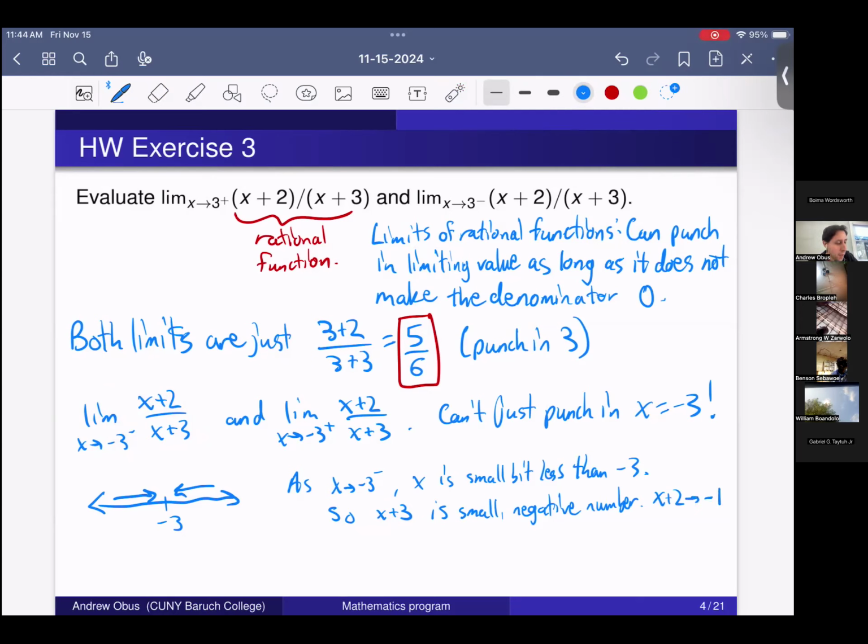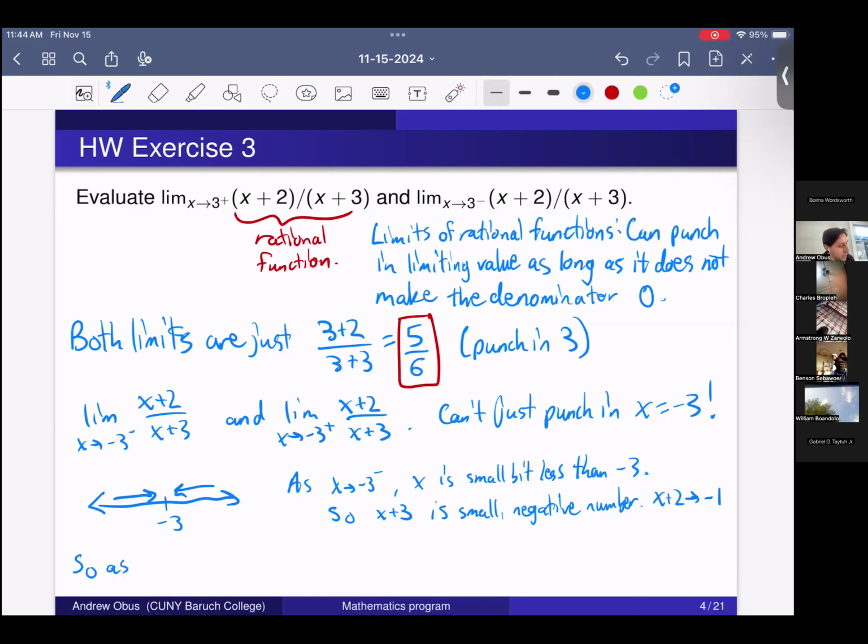Because x going to -3 just means that x plus 2 goes to -1. I mean, you're just adding it up. So what we're looking at with the limit is values that are just a little bit less than -3. And so what these values are approximately is -1 over a small negative number.